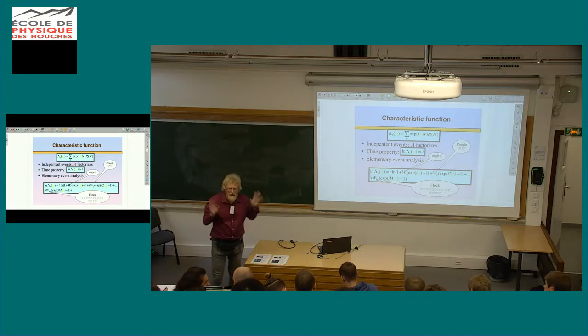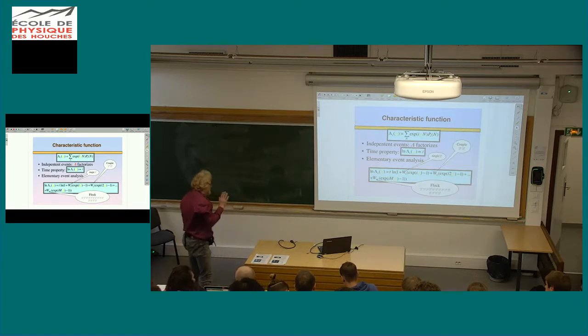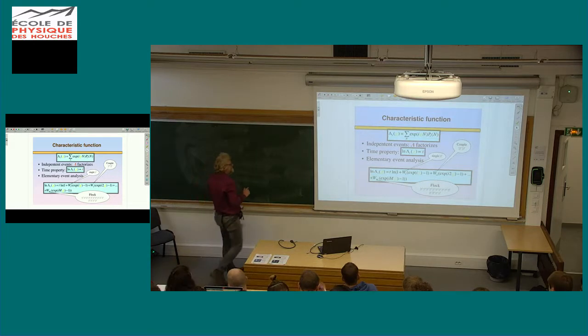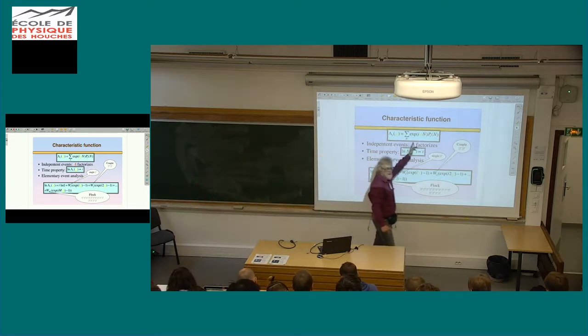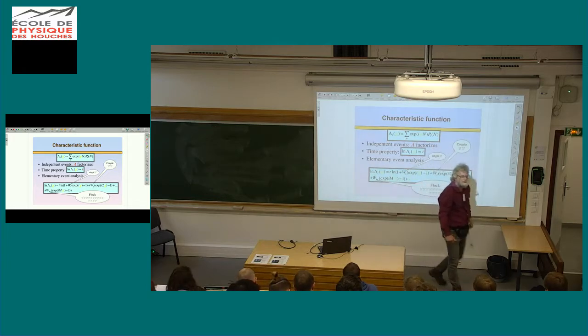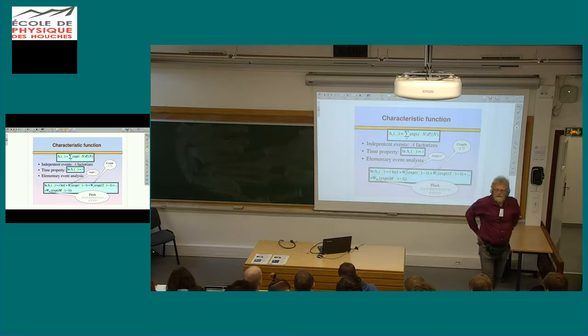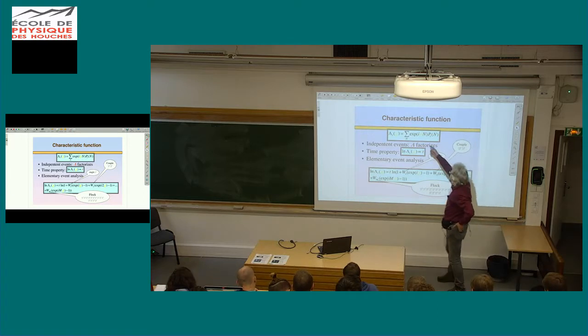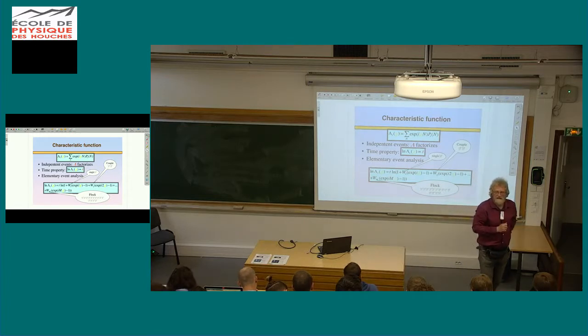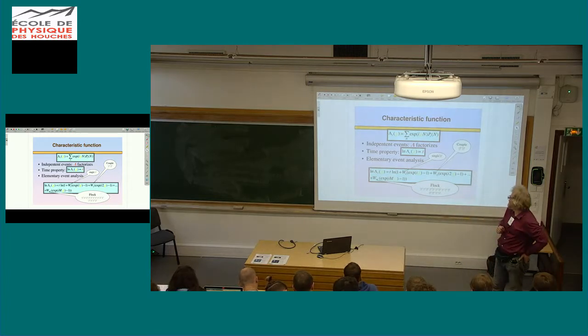The characteristic function of a probability distribution, and we don't talk about electrons but discrete events, is, roughly speaking, a Fourier transform of this distribution function. So we have a probability which depends on n. We make it Fourier transformed. I wouldn't call it a wave vector, but there is a parameter in the Fourier transform which is called chi. Okay, that's the characteristic function.